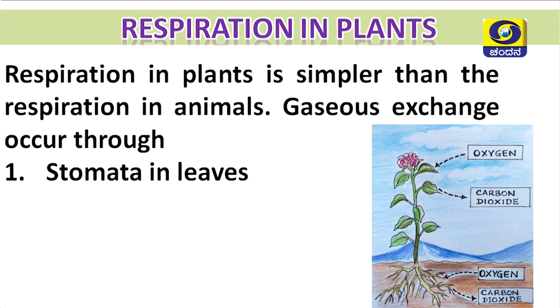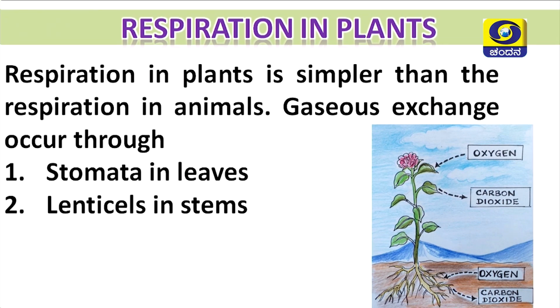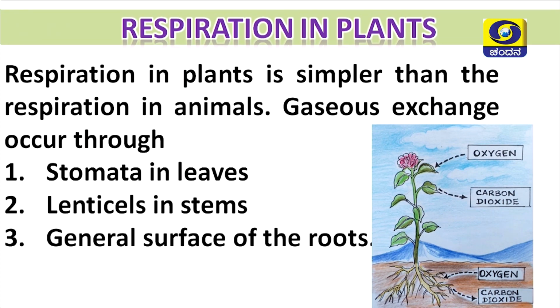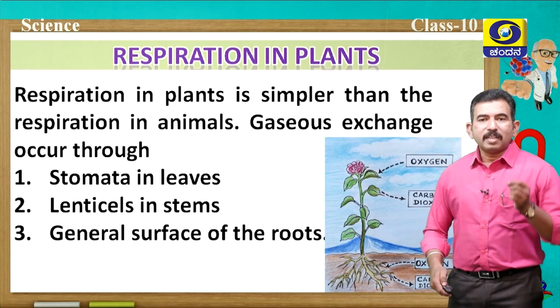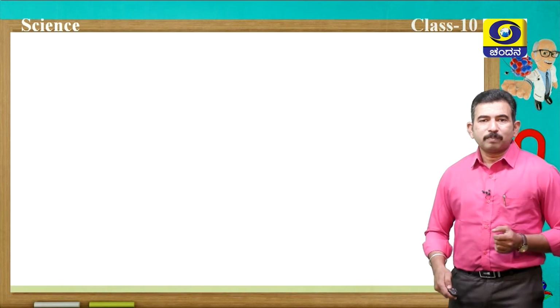Here gaseous exchange takes place mainly through stomata present in the leaves. Apart from this, lenticels in stems and the general surface of the roots, especially root hair, are involved. So the different parts of the plants take part in this respiration process.